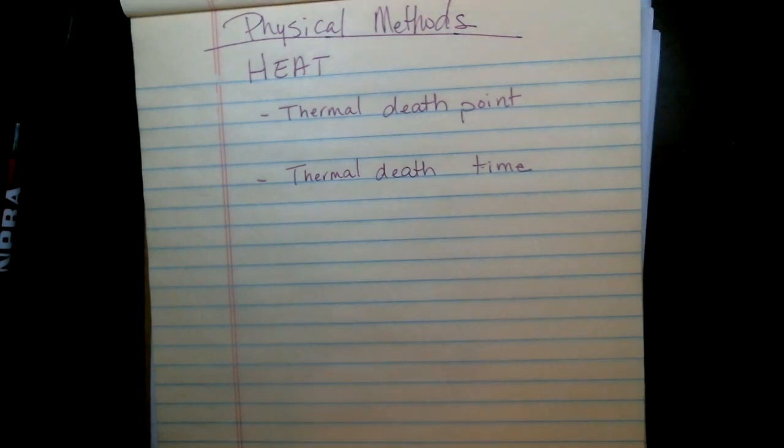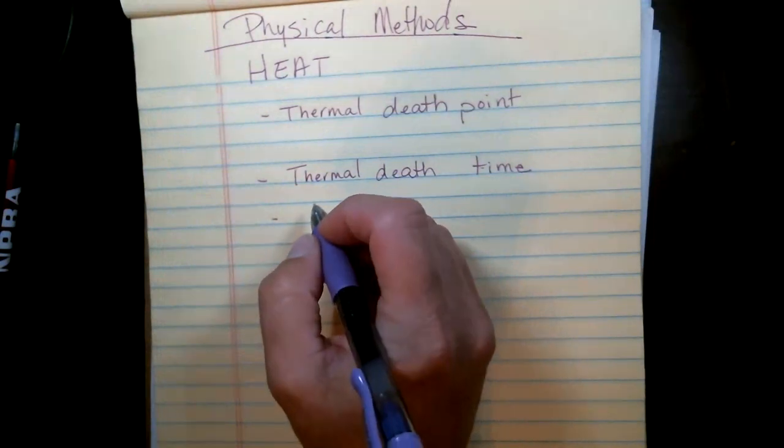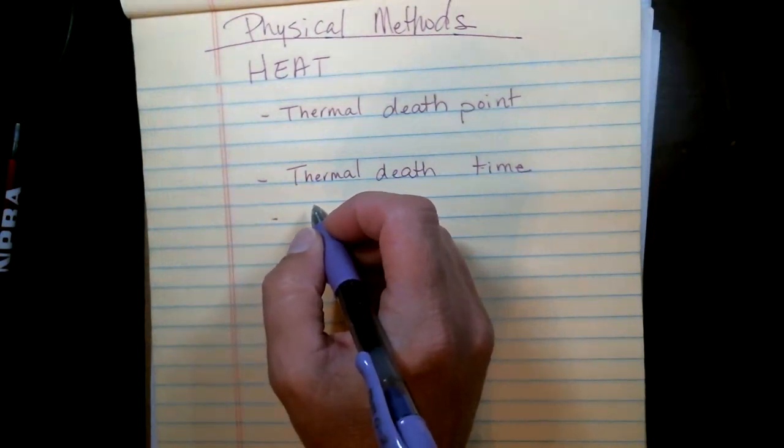I don't think I went through those terms earlier, and I don't know if it's in this textbook, in this chapter, but I do want to go ahead and mention it before we get into focusing on our methods. When we look at an antimicrobial agent, we want to look at its effectiveness.